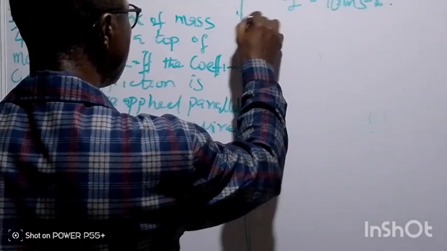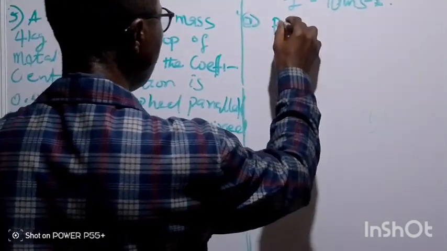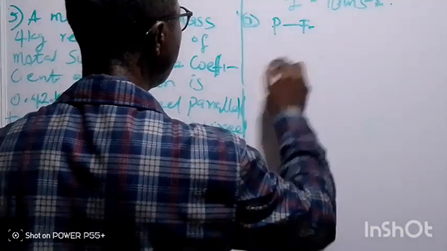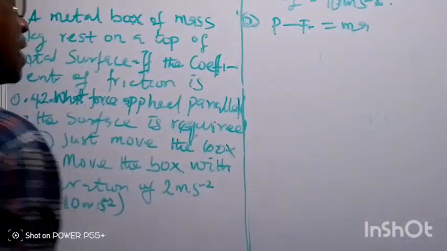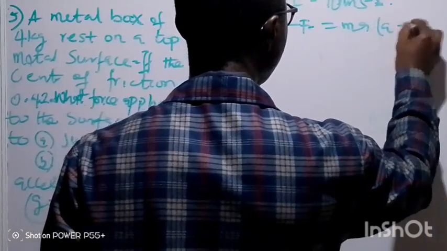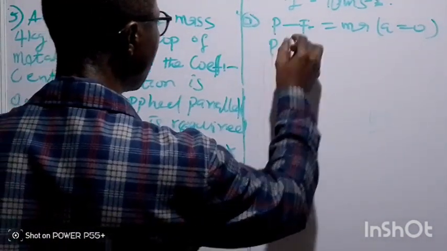If it is static friction, answer to A now. We say P minus Fr equals ma. But under this one, a is equal to 0. Don't forget, static friction, no acceleration. If that is the case, our P minus Fr will be equal to 0.